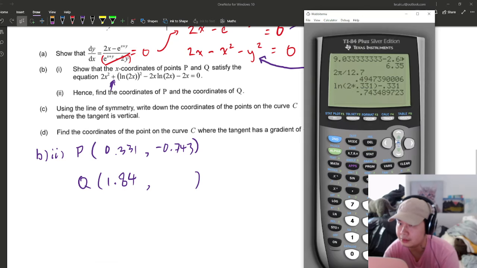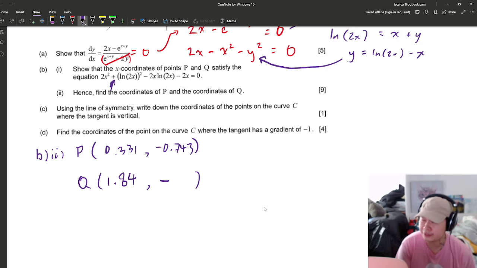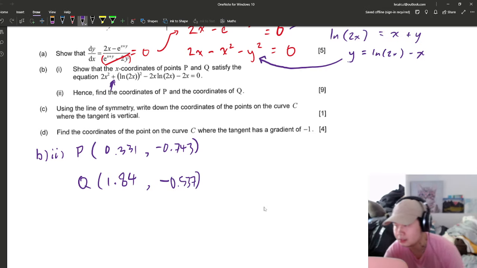Same thing we repeat with Q: natural log of 2 times 1.84 minus 1.84. So negative 0.537.